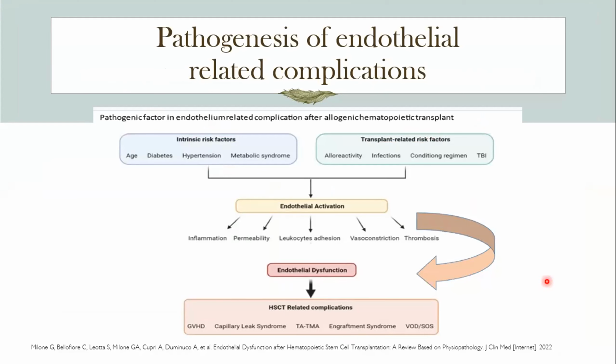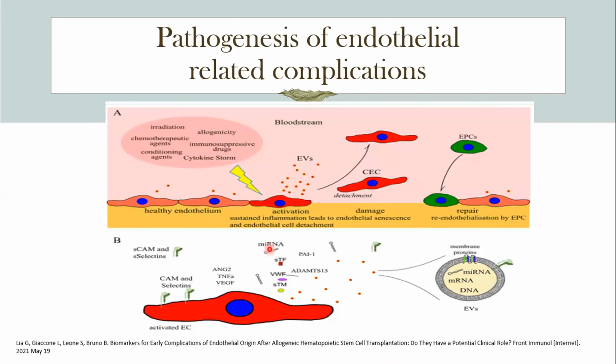If there's repeated or prolonged endothelial activation, this will result in endothelial dysfunction and in the syndromes I'm about to speak about, including TA-TMA, capillary leak syndrome, and engraftment syndromes. This is another schematic diagram showing that these insults will start with just endothelial activation and damage, and then eventually result in endothelial dysfunction.